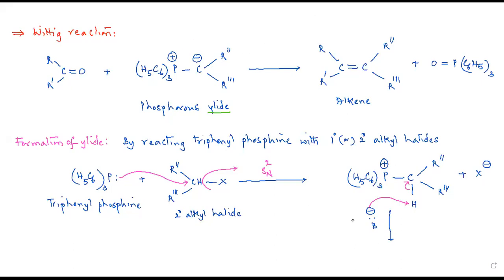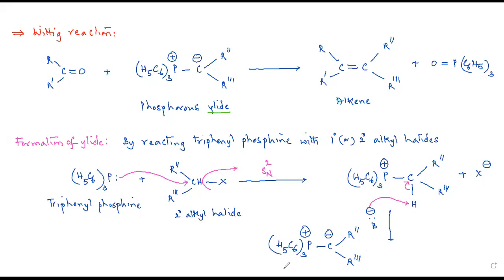So now, let me write the ylide part. C6H5 taken thrice, P plus, because carbon has got the electron pair, C minus, then R'', then R'''. Hope everything is well and good.